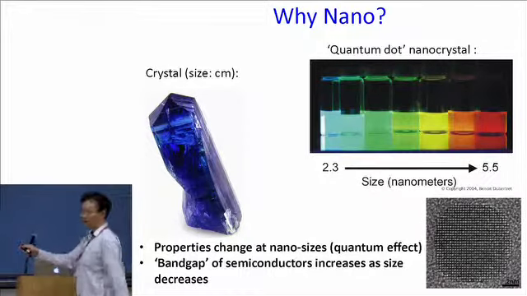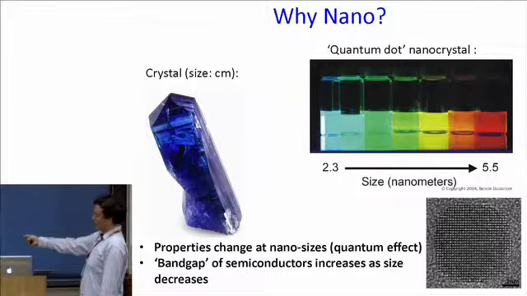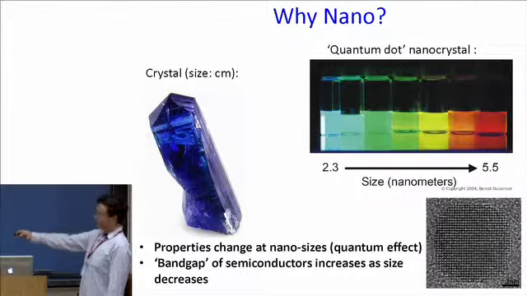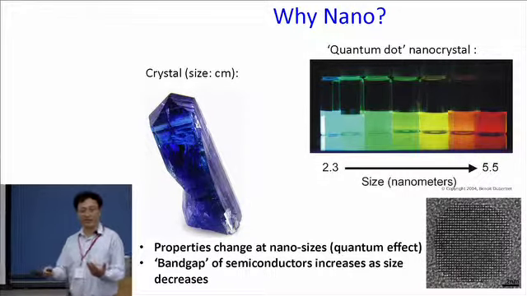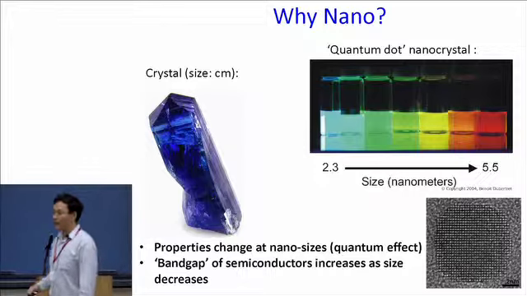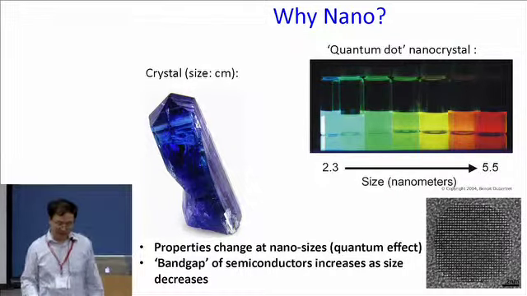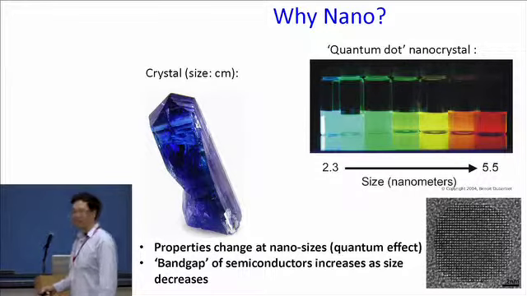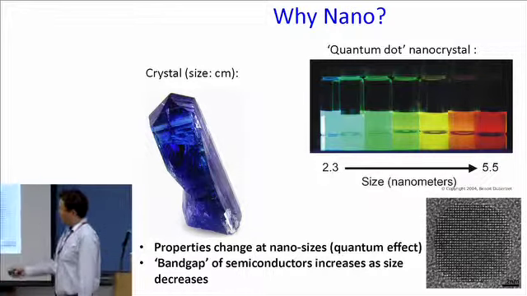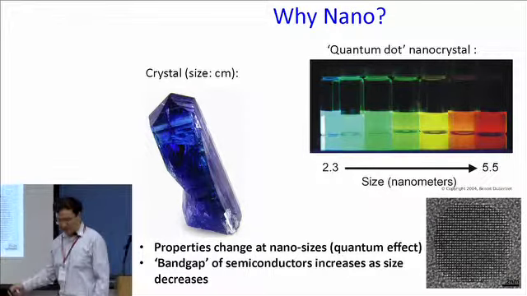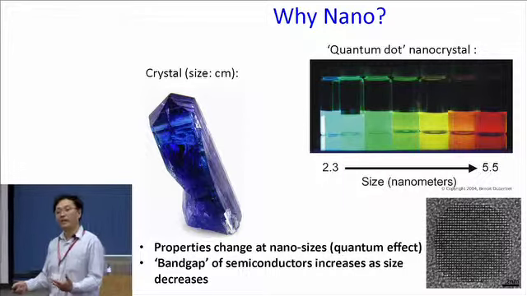This is a good example, because you see that as the crystal size increases from 2 nanometers to 5 nanometers, the color of the material actually changes. That's a really interesting property, and it happens because the properties change as size changes. One property of matter is whether it is a metal or a semiconductor.